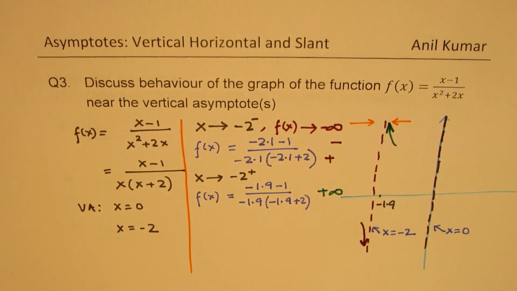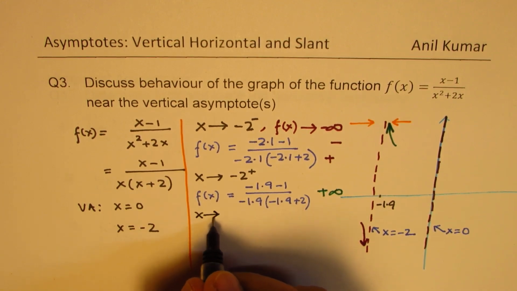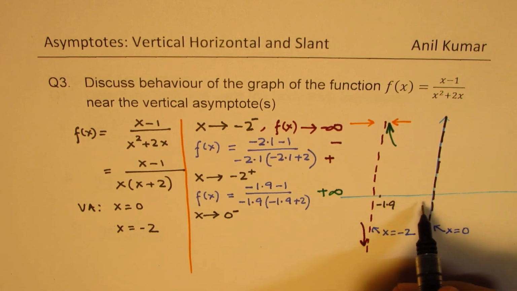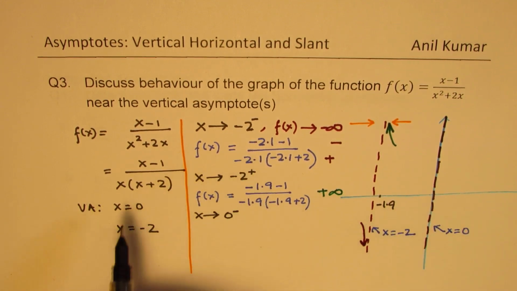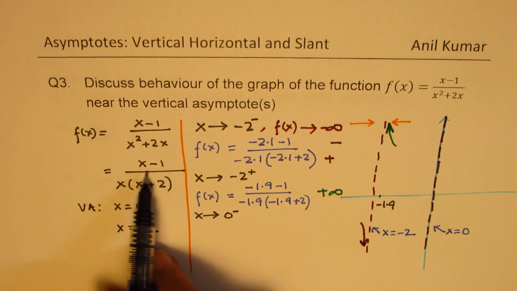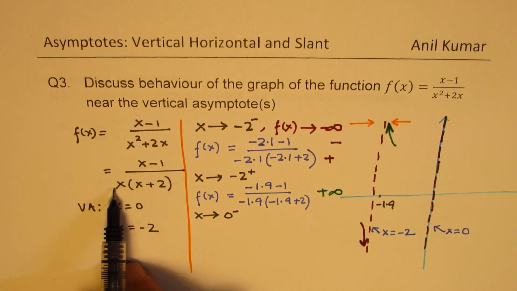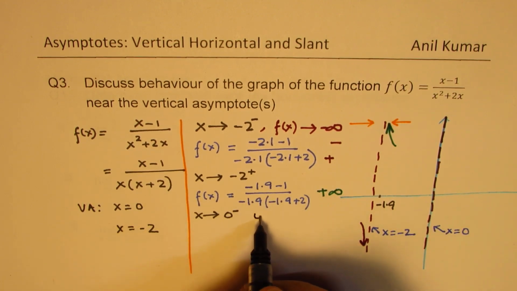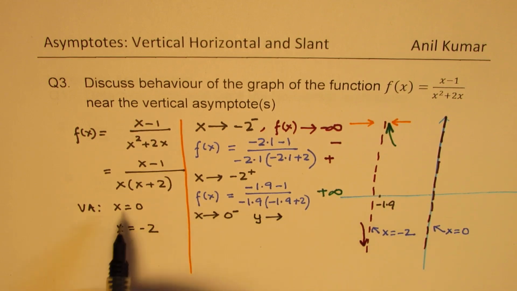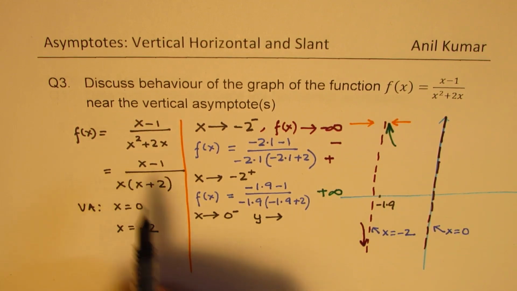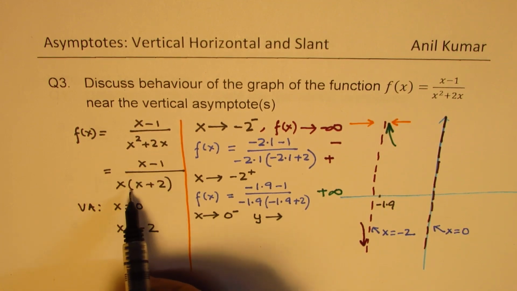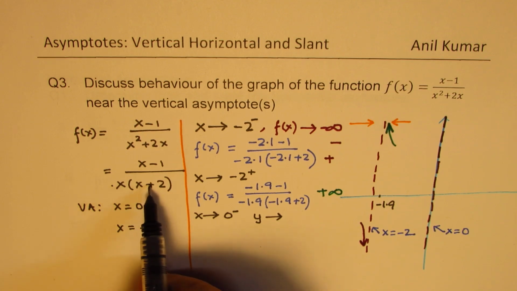Now, let us consider the behavior when x approaches 0 from the negative side, meaning from the left, right? So think about a negative value. If I write a small negative value here, the numerator is negative for sure, and in the denominator, this is negative, that is positive.